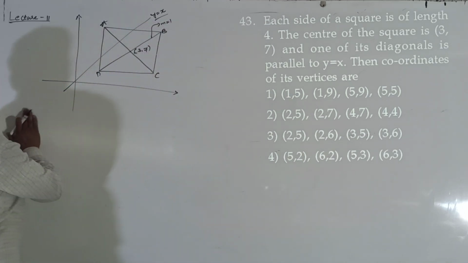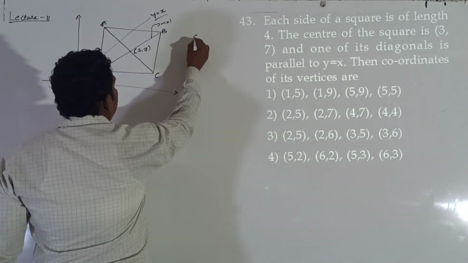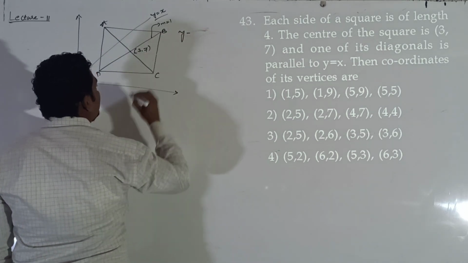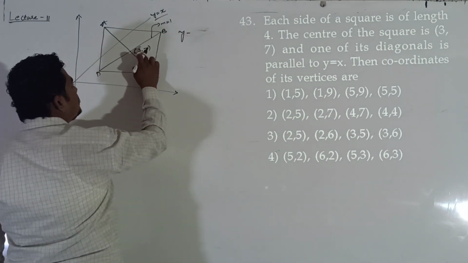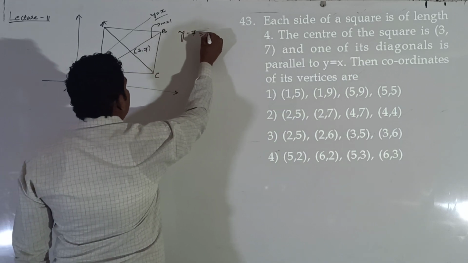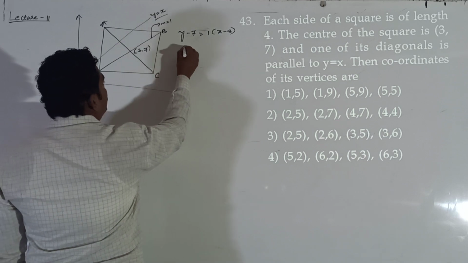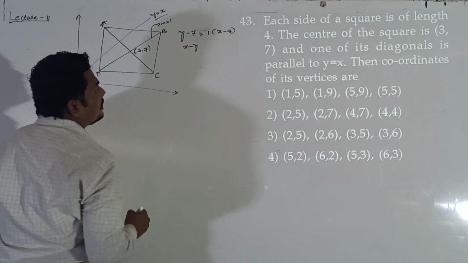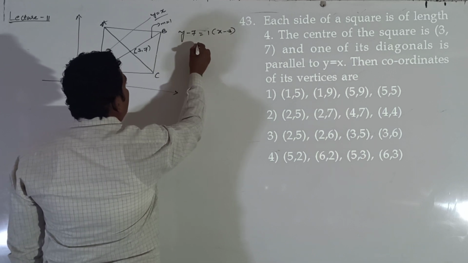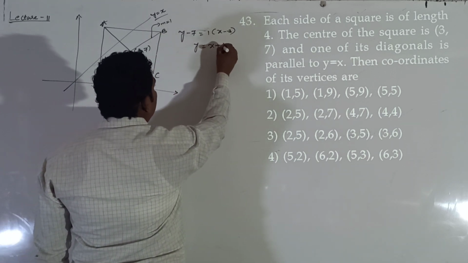Then can you tell me the equation of BD? Using the slope point formula, y minus y1 equals m into x minus x1: y minus 7 is equal to 1 into x minus 3. After rearrangement, sending x minus 3 to the RHS, y is equal to x plus 4 only.